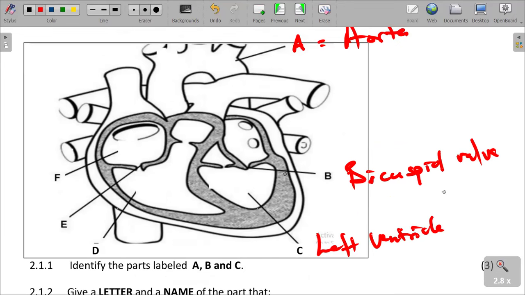D pumps blood over a short distance. D only pumps blood to the lungs.